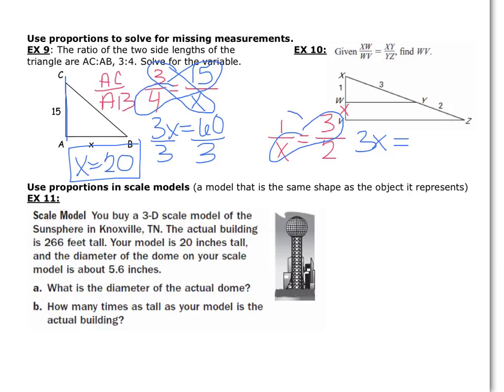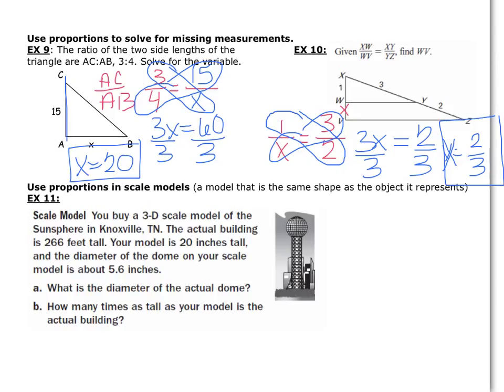Cross multiply. So there you see your x is 2/3, or if you wanted to write that as 0.67, that's also fine. But there you go, 2/3.